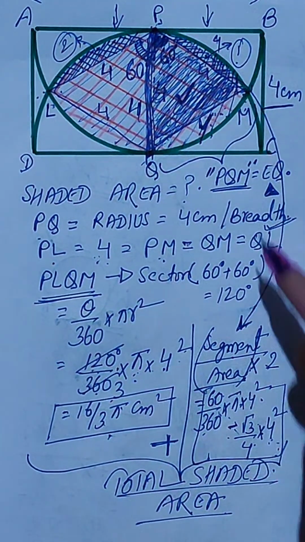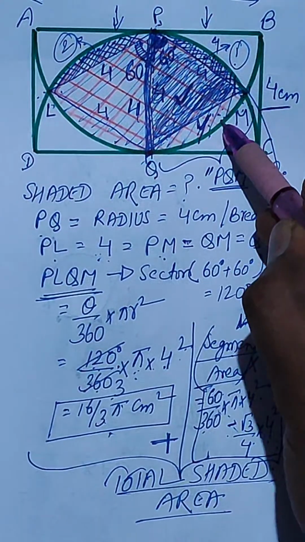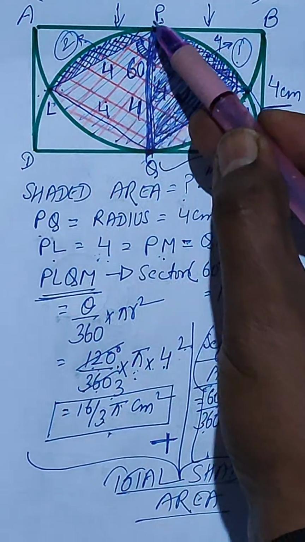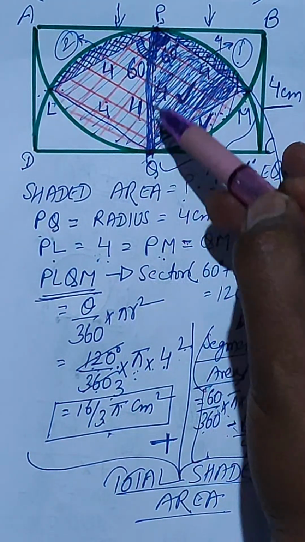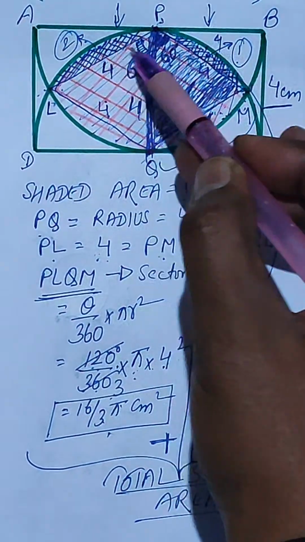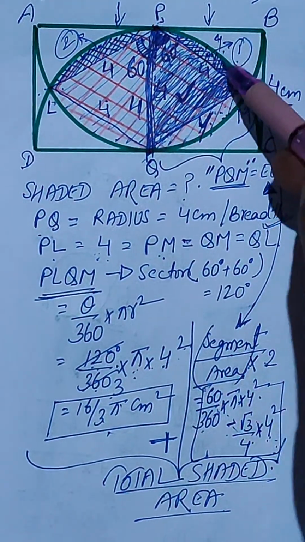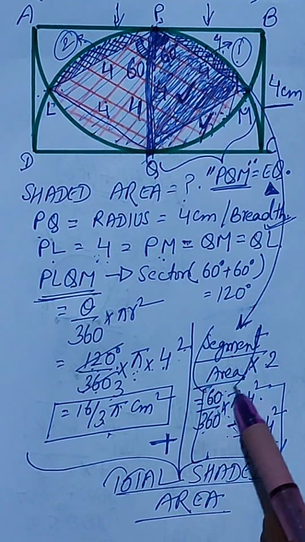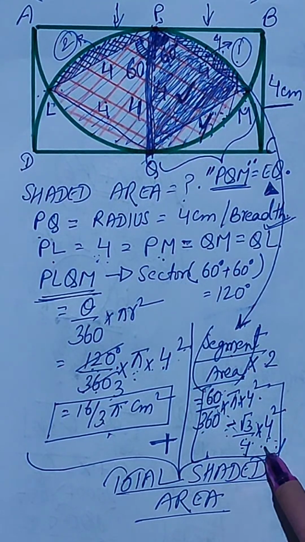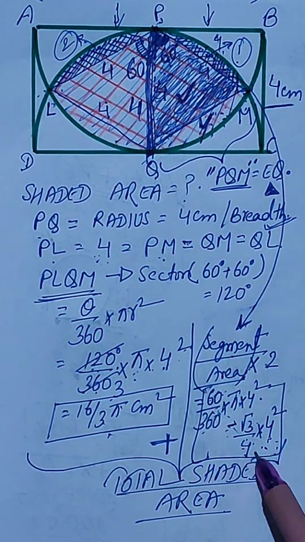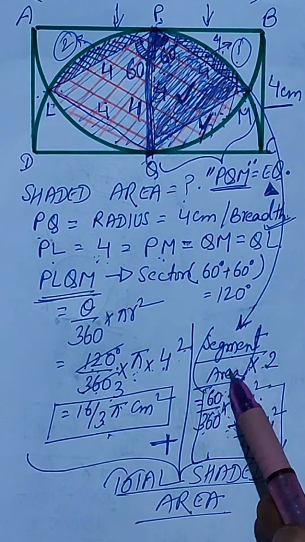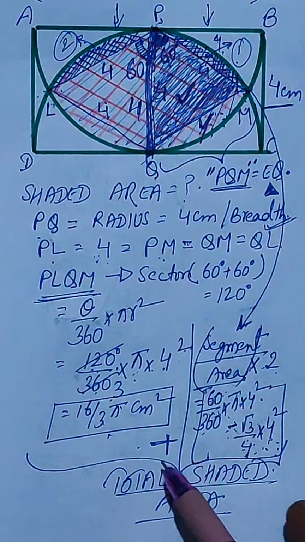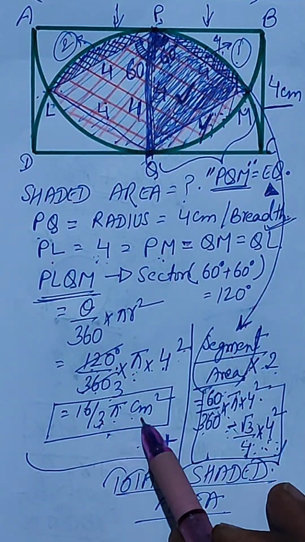The same triangle is subtracted from sector PLQ. So the area of these two segments is the area of the sector minus the area of the triangle, which will be added to the bigger sector area, that is 16 by 3 into pi.